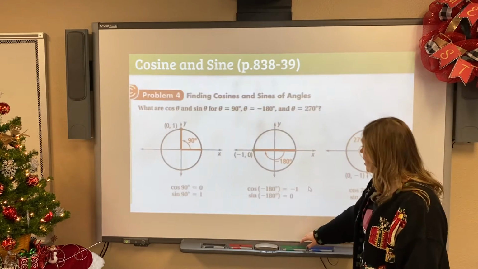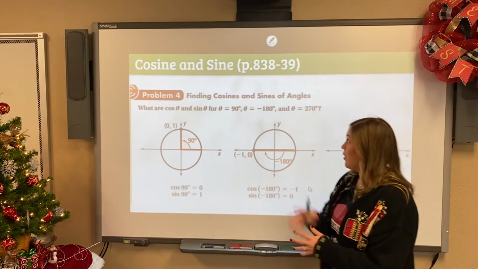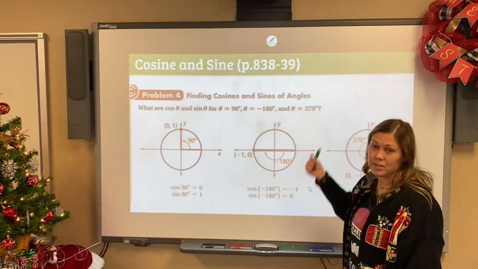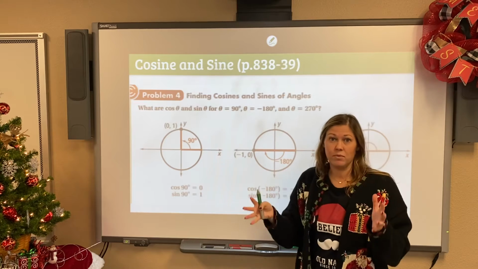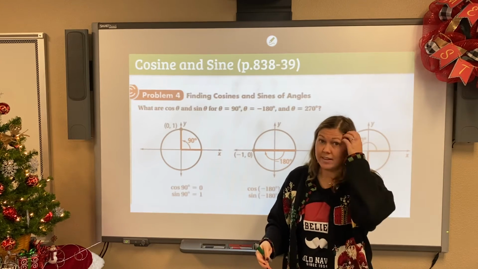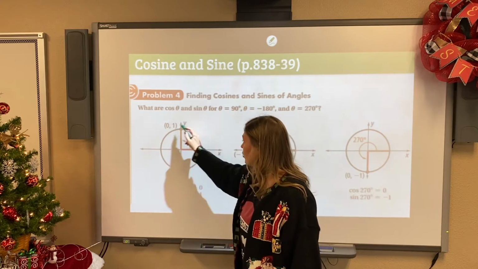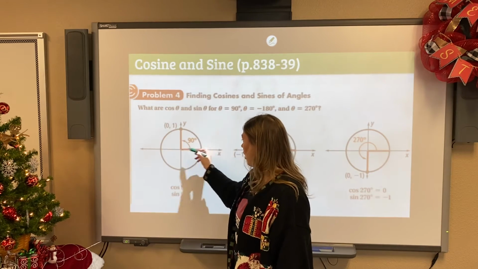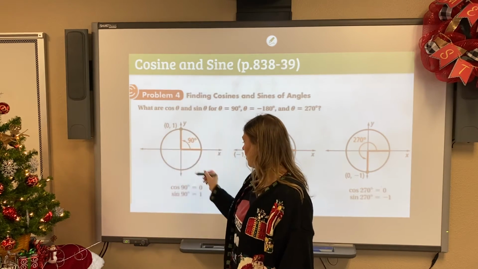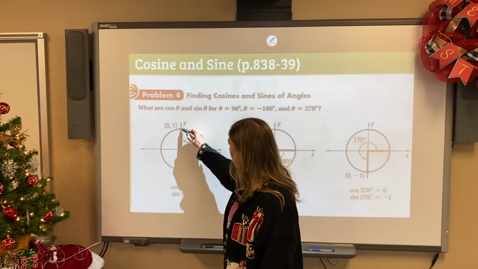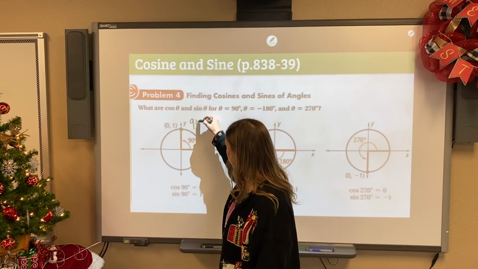Okay, talking about 90, negative 180, or 270 degrees. These are our simple ones that we can find on your coordinate plane. If we had your circle, our radius here is 1 on all of these. This coordinate point right up here, we know this is 90 degrees.